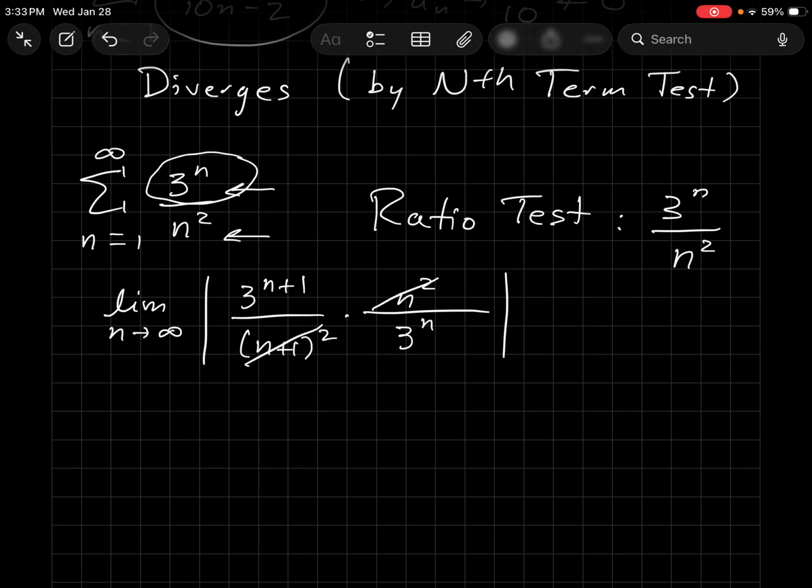The squared parts will go to 1 as n goes to infinity, which means that my ratio goes to 3, which is bigger than 1, and so I know that this diverges. It's like way out at infinity, my terms are being multiplied by 3 each time. So my terms are tripling, basically.